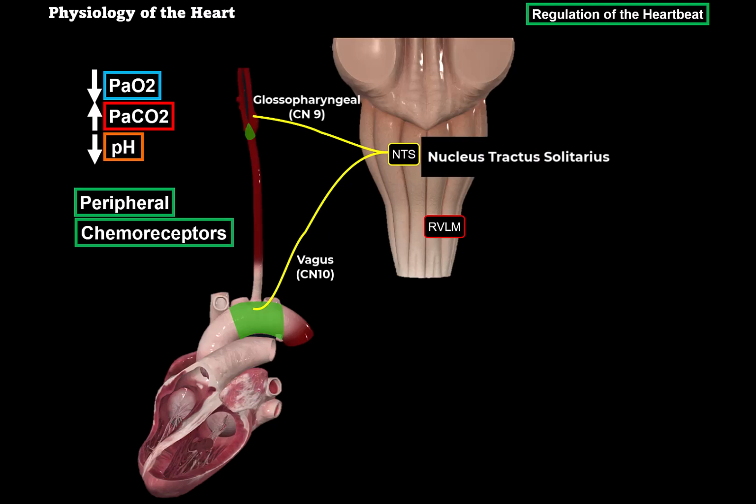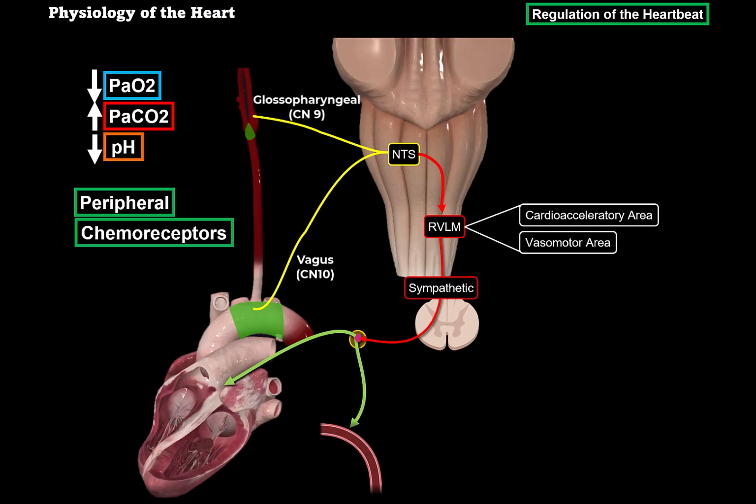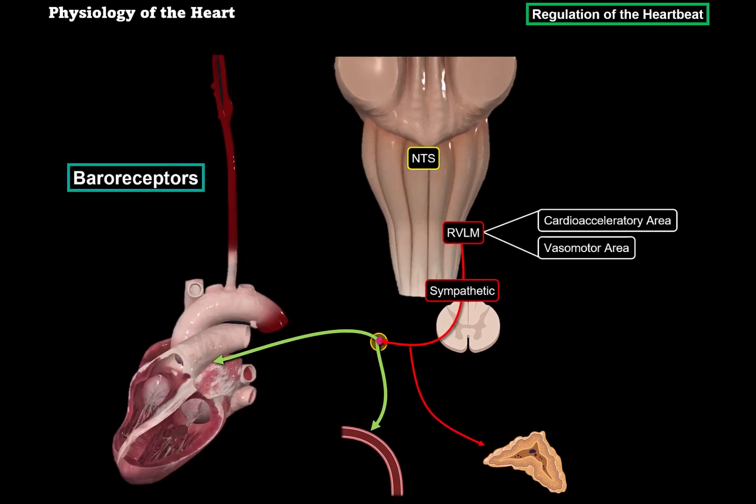Nucleus tractus solitarius integrates incoming sensory information from the peripheral chemoreceptors, and then it relays that information to the rostral ventrolateral medulla, which is also called the cardioaccelerator area and the vasomotor area, to initiate a sympathetic activity, primarily increasing the heart rate and cardiac output, causing vasoconstriction and stimulating the adrenal medulla. All this is to ensure coordinated reflex response to optimize the oxygen delivery, carbon dioxide removal, and acid-base balance in the body.